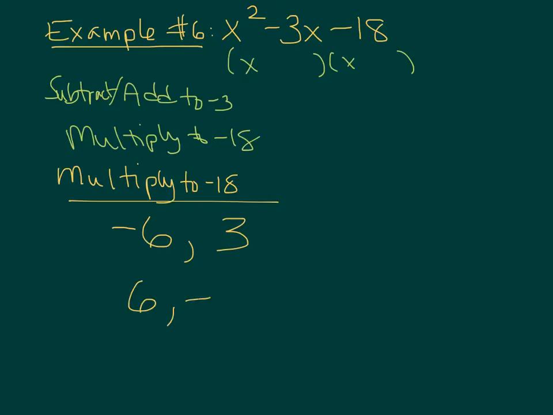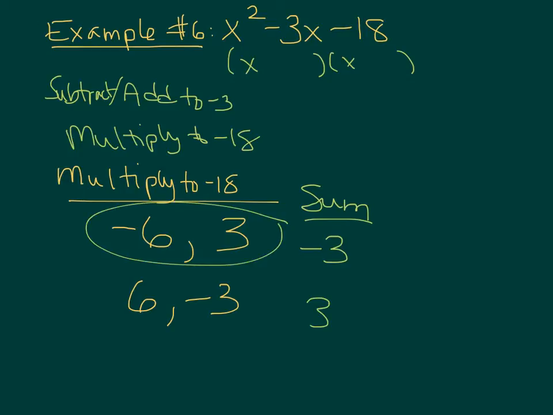Make sure that you test out both, and you'll find that when you add them together, one gives you -3, the other one gives you +3, so the one that we want is -6 and +3. So our answer is going to be (x - 6)(x + 3).